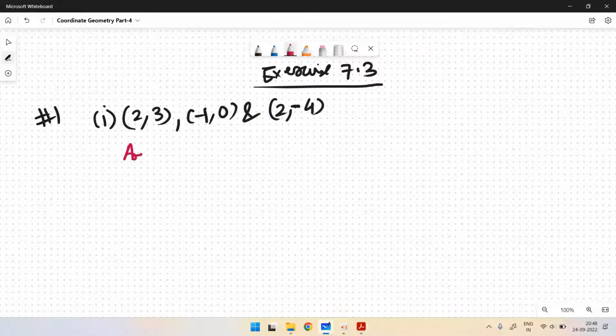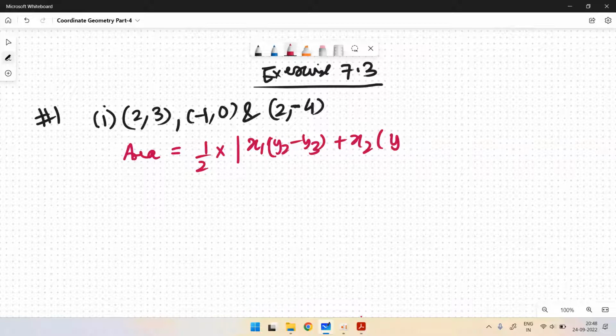So area equals half into x1 (y2 minus y3) plus x2 (y3 minus y1) plus x3 (y1 minus y2), modulus. This is half.